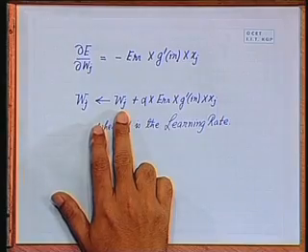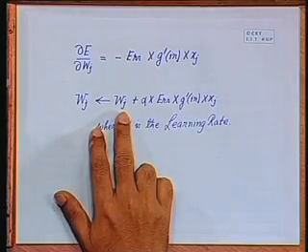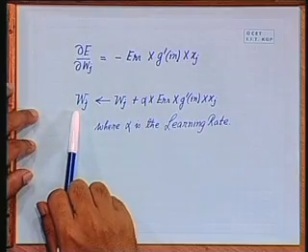So, therefore, this alpha is called the learning rate, and we just add a fraction of this error into Wj, right. Is it clear? And we do this for each of the Wj.